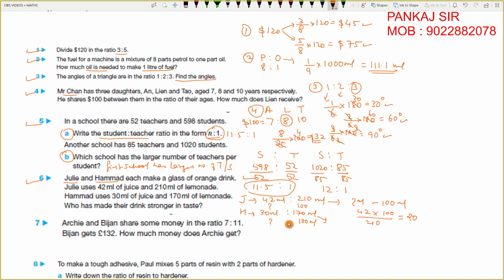Here it will be 30 into 100, that is 3000 divided by 170, and it works out to 17.65, right?